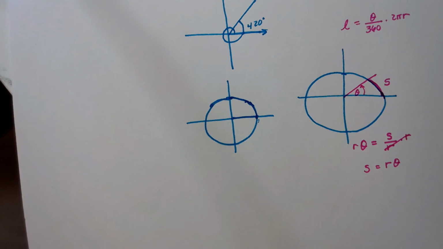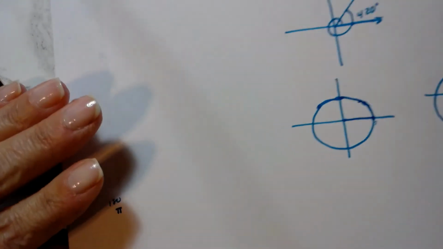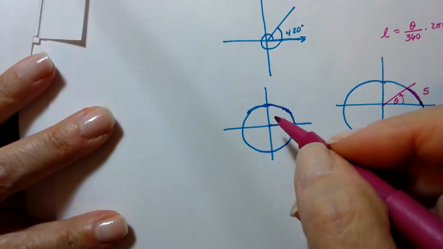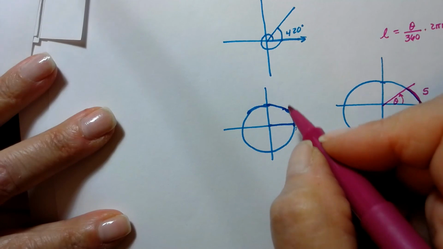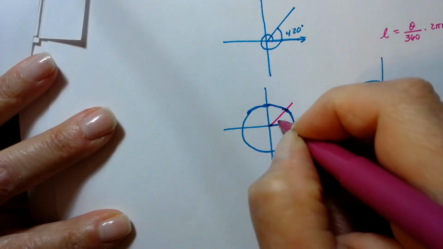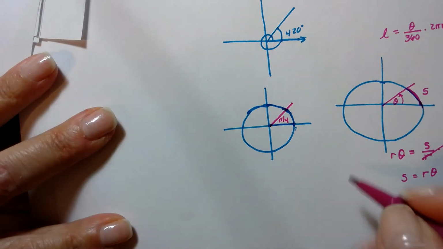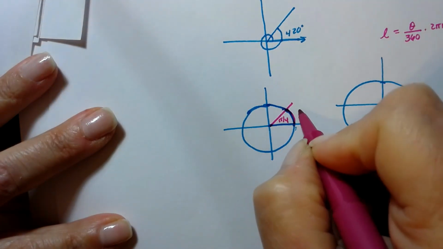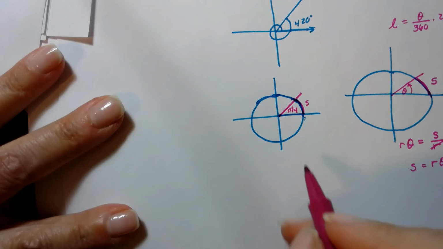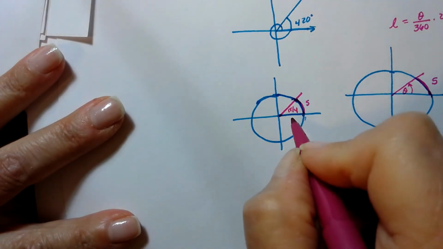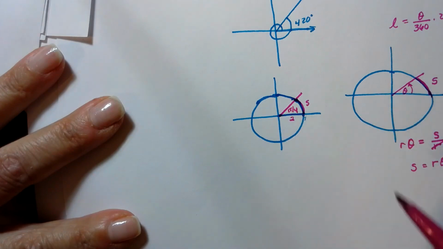Okay? So, for instance, say I give you this picture here of a circle, and let's just say this is pi over 4 radians. So the measure of this angle is pi over 4, and I want you to find this arc length here. Well, maybe let's say the radius is 2. So the radius is 2.